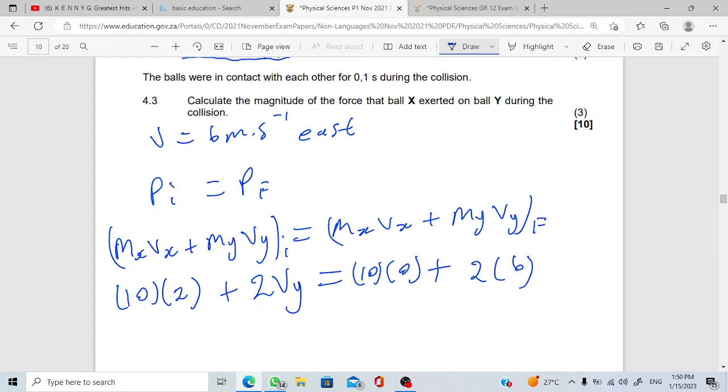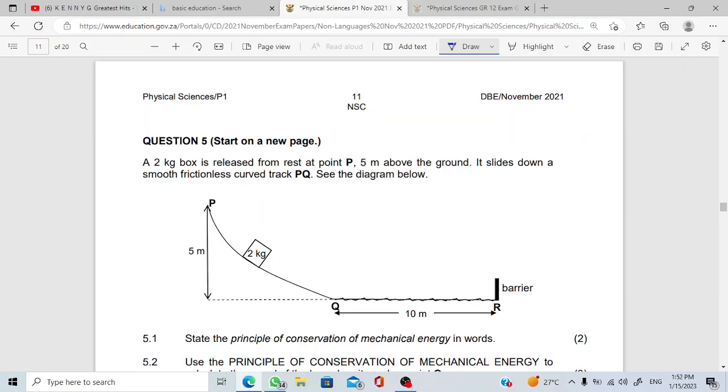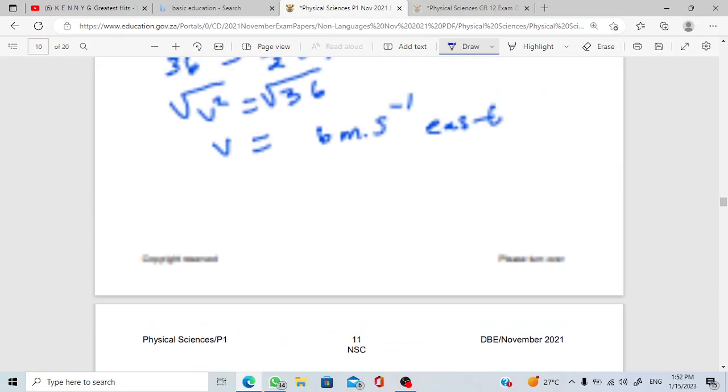Okay, now what I'm going to do is move this value to the other side, so that I can only be left with 2 Vy, which is equal to, this one will be a 0 plus 12 minus 20. Okay, I'm sorry about this.